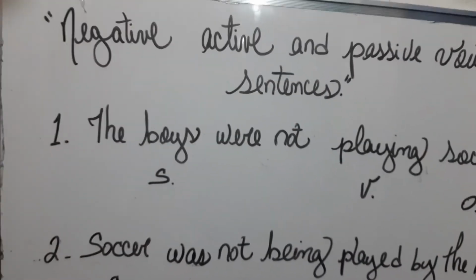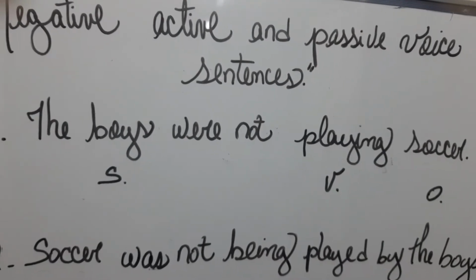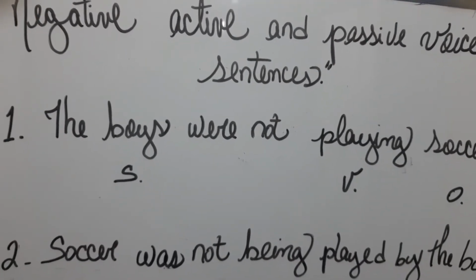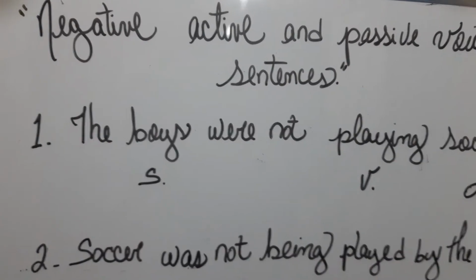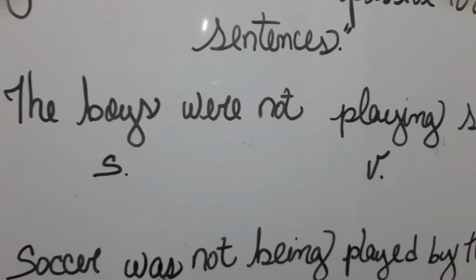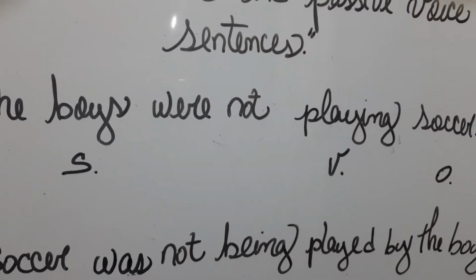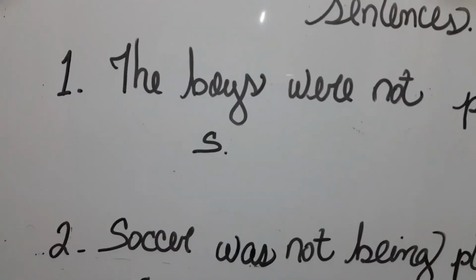Okay, to convert a negative active voice sentence into a passive voice sentence, we follow the same structure as the affirmative sentences. The only difference is that we add not between the were or was and the verb that has the ing. Here we have an example.